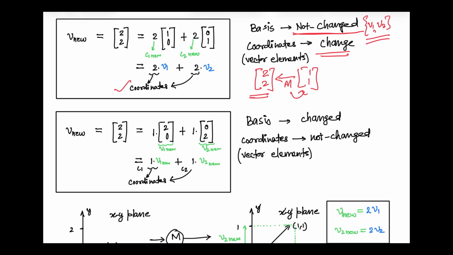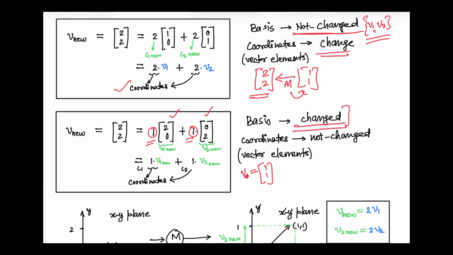The second way to look at this is that the coordinates remain the same, that is, the vector elements remain the same. v was the vector 1 1, and the coordinates are still the same c1 and c2, but what has changed after the transformation is the basis.